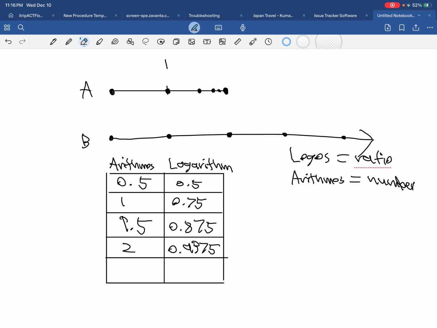I tried multiplying this side, and it doesn't correspond with the number over here, the arithmos, and that's because I interpreted it incorrectly.